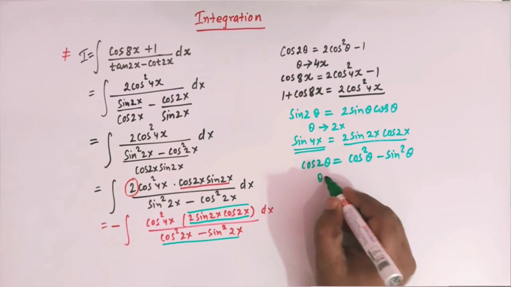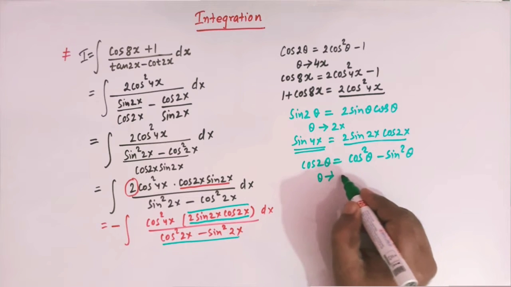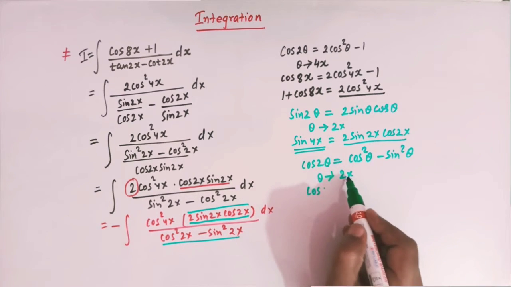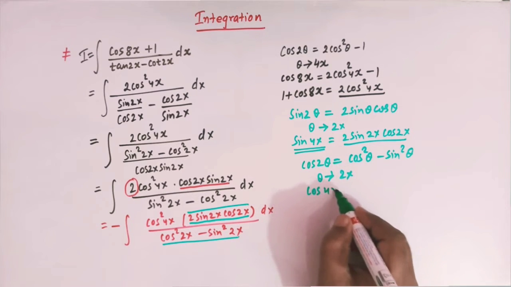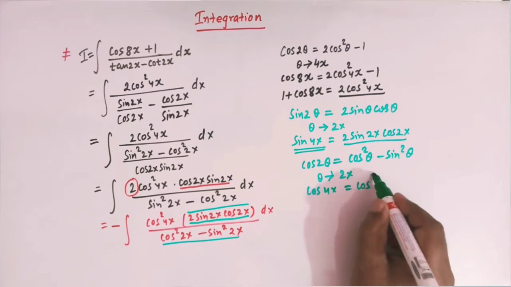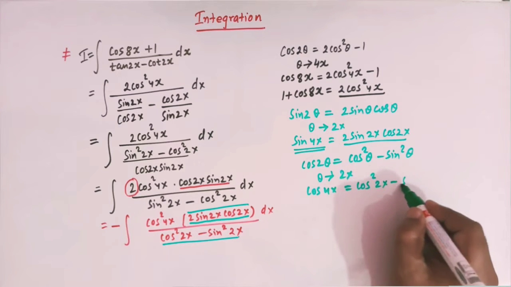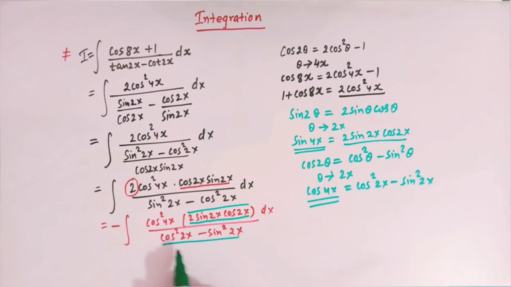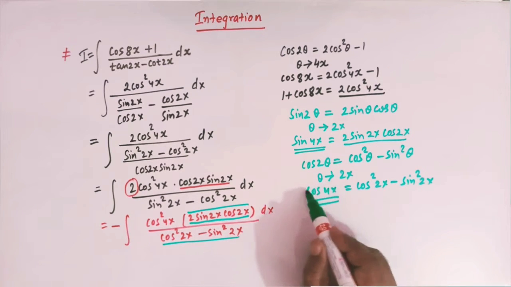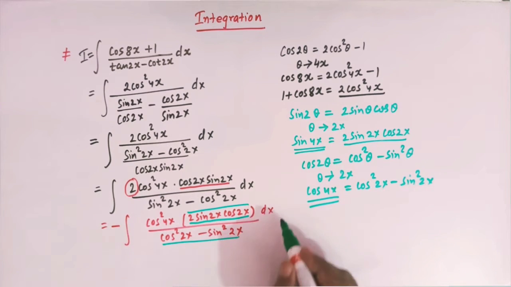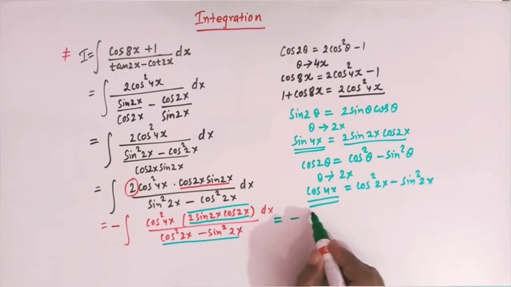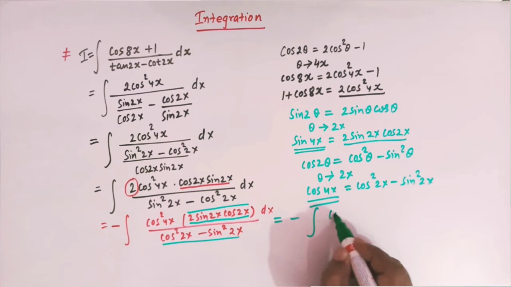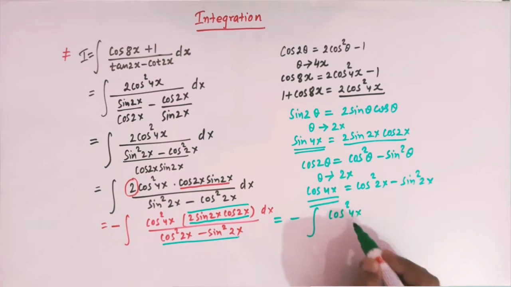Again we can replace θ by 2x, so we have cos of 4x. Now this expression can be replaced by cos 4x. So we can write this integral as minus the integral of cos²4x.